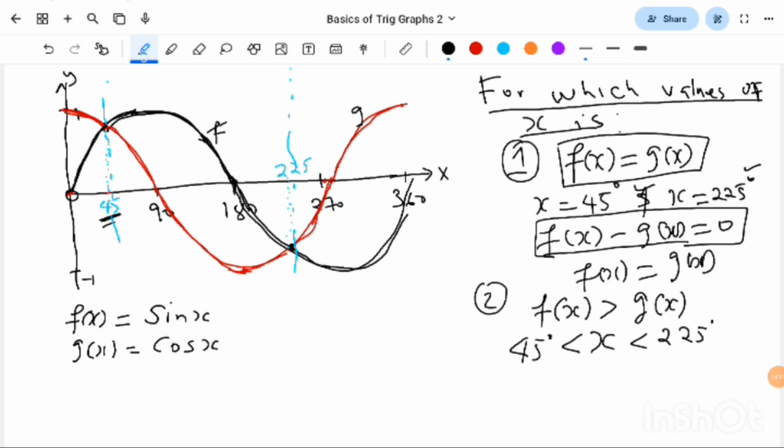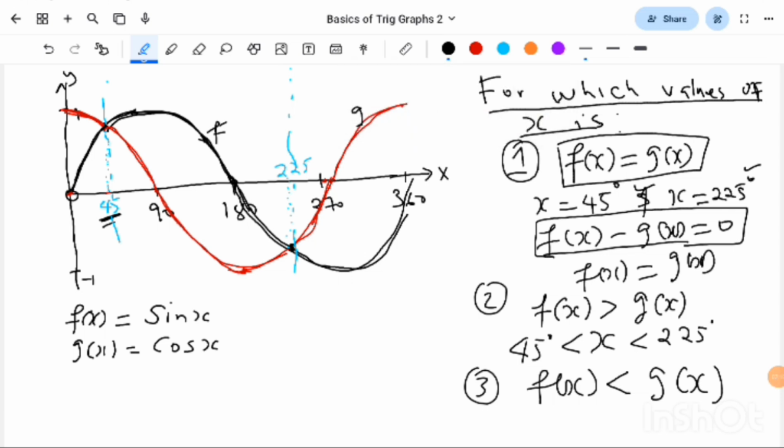But otherwise, if the question is the other way around, where they say, for which values of x is f of x less than g of x? They're saying where in your graph is f of x below g of x?